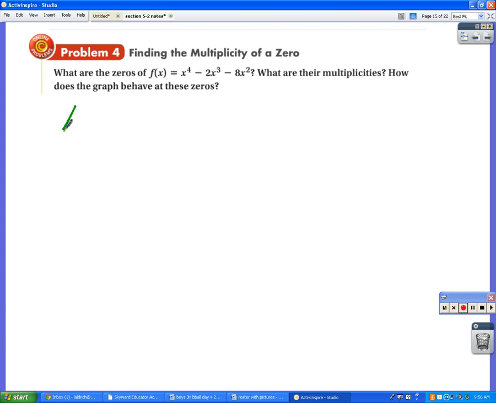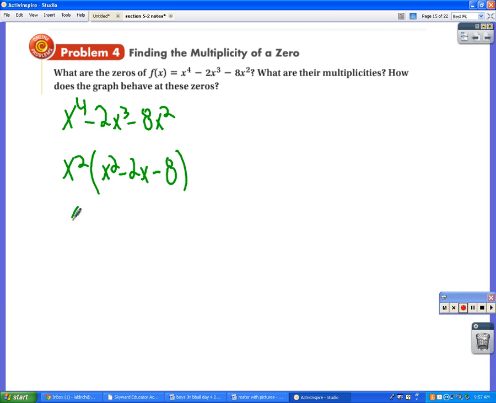So if I start with x to the 4th minus 2x cubed minus 8x squared, what can I factor out of that? I can factor out an x squared. I can't factor out a 2 because this doesn't have a 2 here, it's just a 1. What am I left with if I factor an x squared out of x to the 4th? Good, x squared, minus 2x, and minus 8, because we took the squared out.